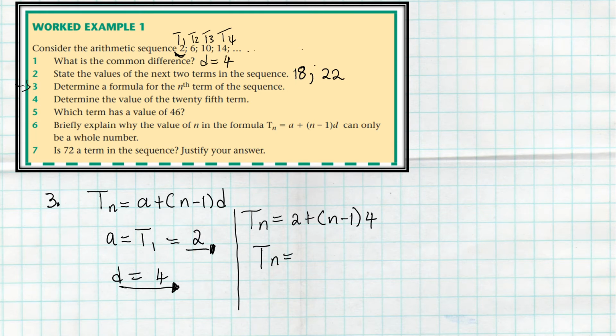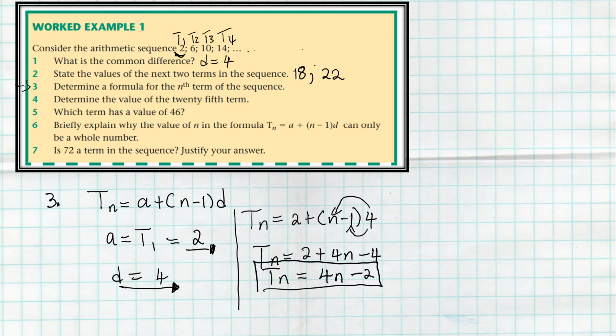We remove the brackets: 4 multiplied by n is 4n, and 4 multiplied by minus 1 is minus 4. Let's group the like terms: 4n, and 2 minus 4 is minus 2. So this is our general formula.